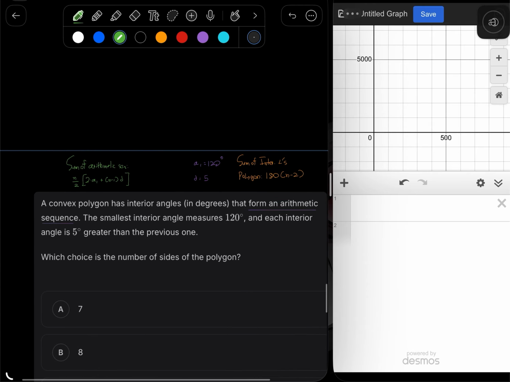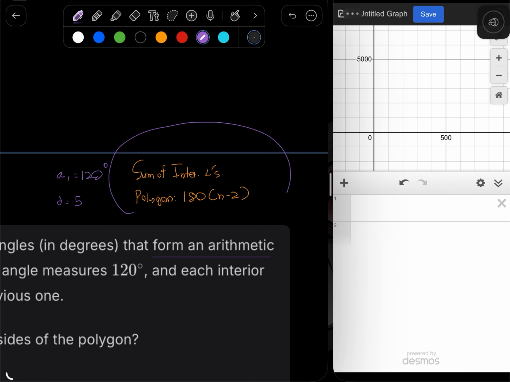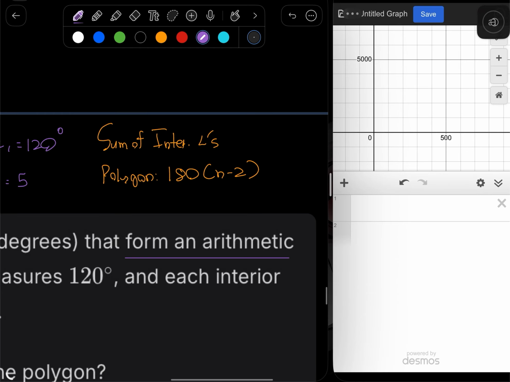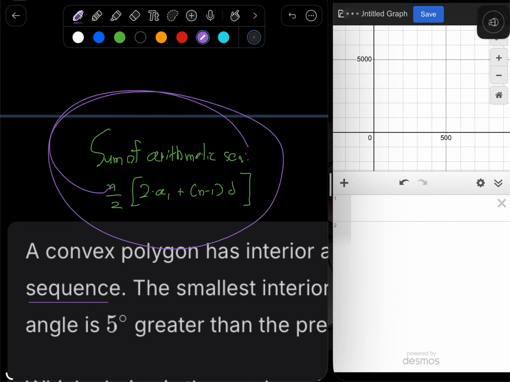So now, why are those useful? Well, what you'll realize is you can set those equal to each other, and that's going to give you the total number of sides. The reason is, if you find the sum of all the interior angles of the polygon, we already had the formula for that, you can just set that equal to the sum of the arithmetic sequence.